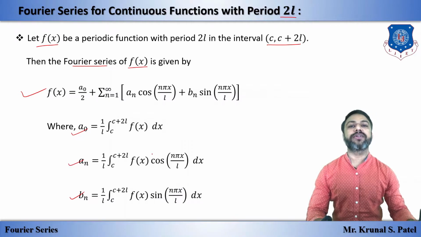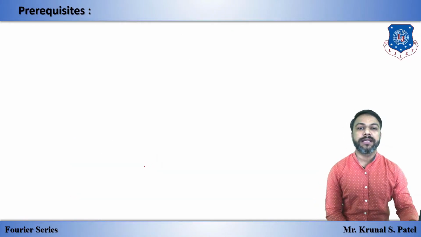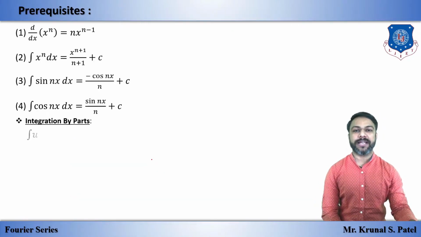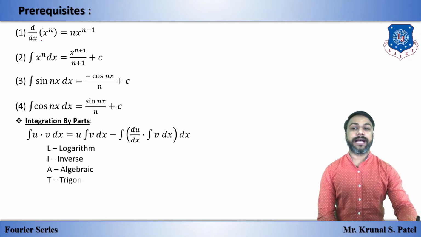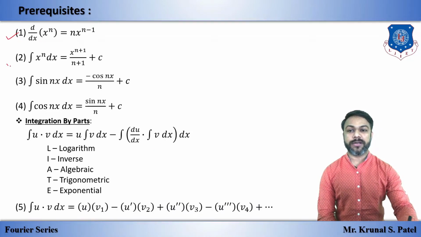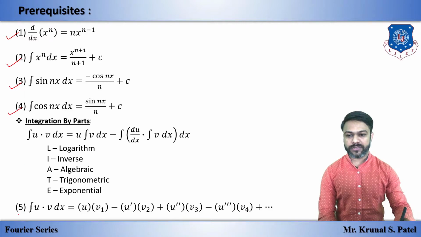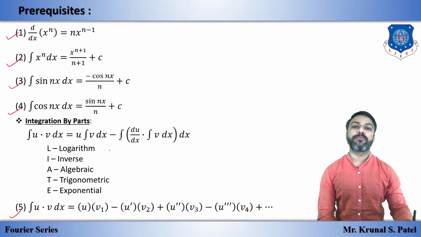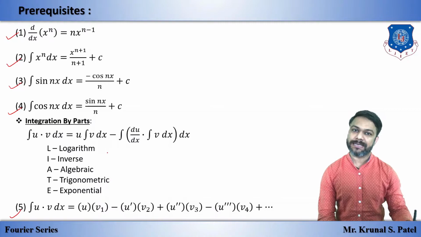To find the values of a0, an and bn, we have these prerequisite formulas as we discussed in the previous lecture. Formulas 1, 2, 3, 4 and 5 are the most important formulas for each and every example.